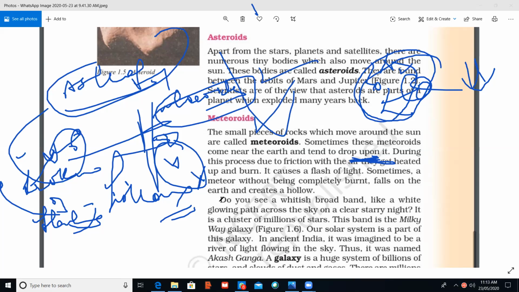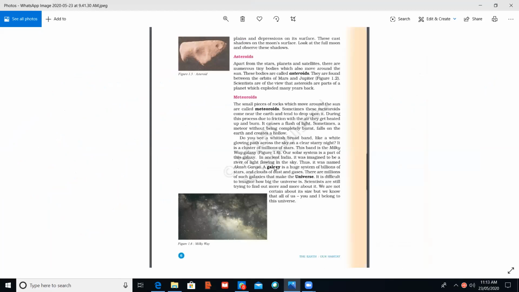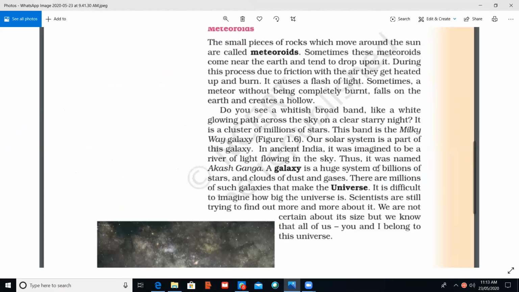Let's move on. It's the last part of the chapter, I think. A galaxy is a huge system of billions of stars. There are millions of such galaxies that make up the universe. It's difficult for us to imagine the universe. Okay, so now see, stars combine to make galaxies, and many galaxies combine to make the universe.